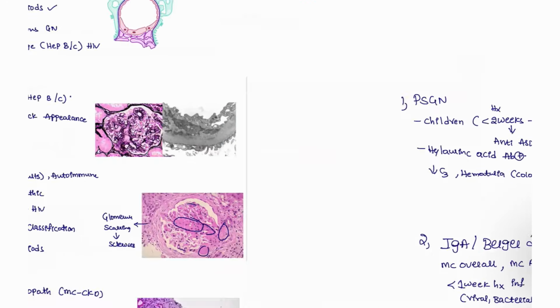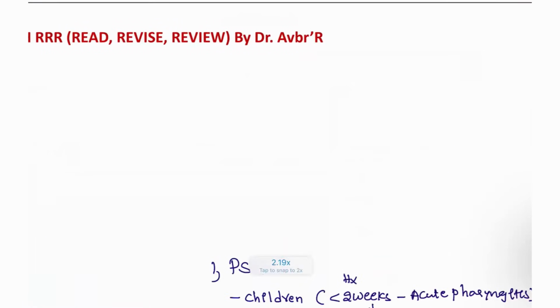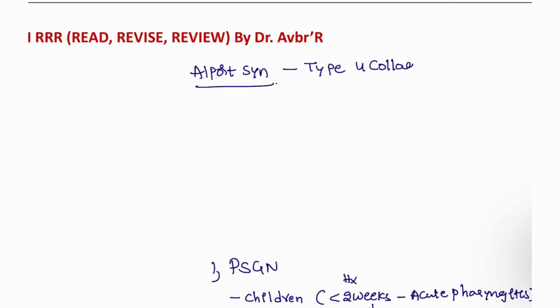Okay, next one. One of the things that you have to learn here is Alport syndrome. What is Alport syndrome? It is due to a genetic defect. Type 4 collagen that is present in the basement membrane is going to be affected here. So this patient has the Alport syndrome triad: the kidney is involved, along with sensorineural hearing loss, and also the eyes are involved.